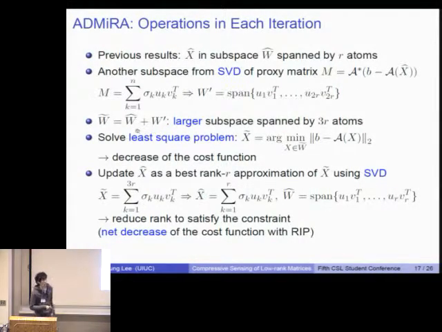Then we consider a larger space because we are minimizing the cost function over a larger subspace, including the previous estimate X hat. It is quite natural that the cost function is decreasing. After that, to satisfy the rank constraint, we need to reduce the rank. It can be done by singular value decomposition, but with the help of the restricted isometry property, we can achieve a net decrease of the cost function by this iteration.